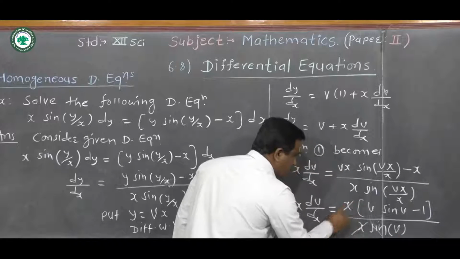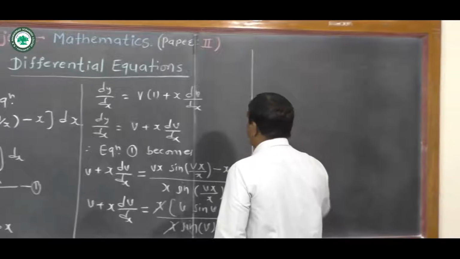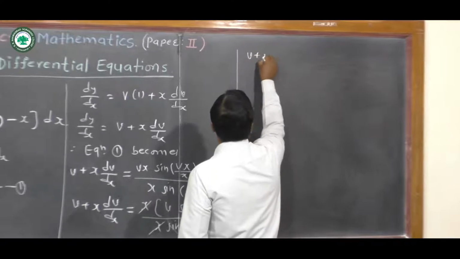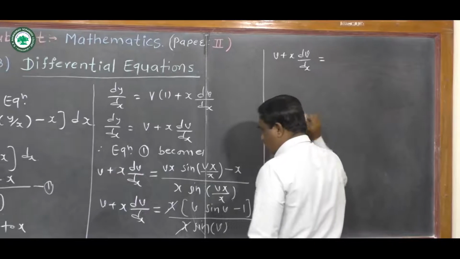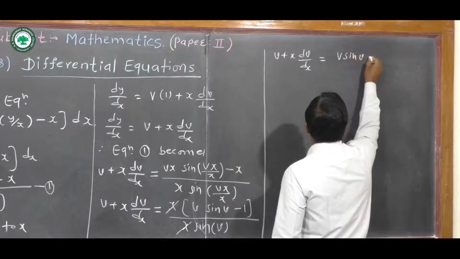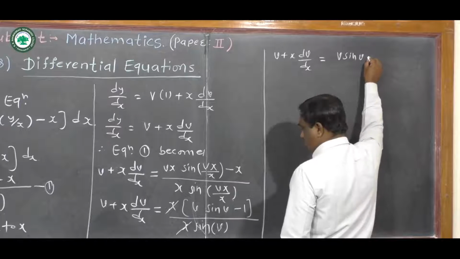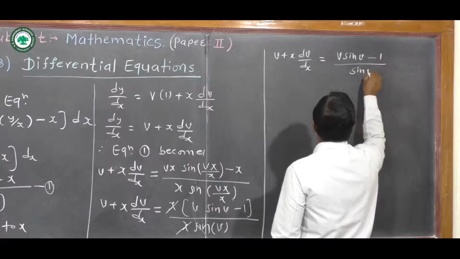Now this x also cancels. Now write down the remaining terms here. v plus x into dv by dx is equal to v sin v minus 1 upon sin v.